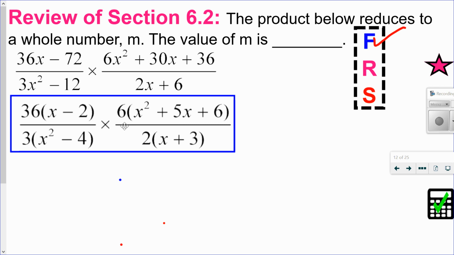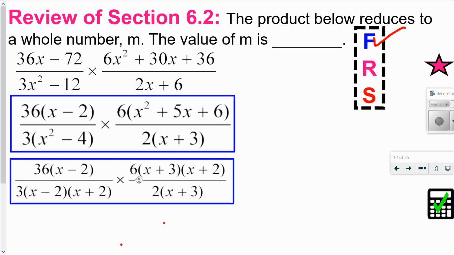If this question doesn't emphasize how important greatest common factor is, I don't know what will. Once I've done my greatest common factor, I can go a little bit further with denominator number 1 and numerator number 2. So I'm going to do that in my next step. I factor my difference of squares and I factor my trinomial.